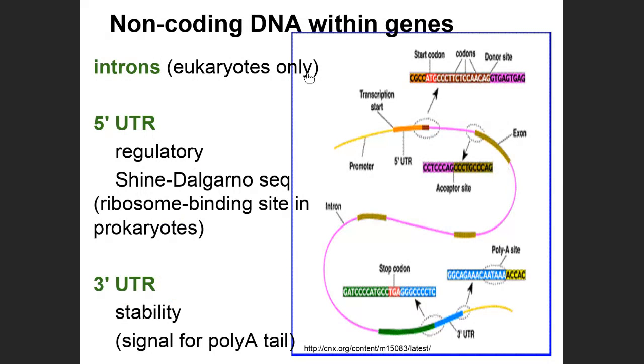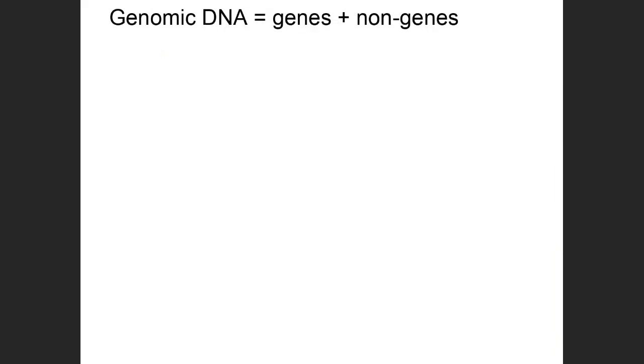So here's an example of non-coding DNA. It's stuff that gets transcribed, not translated. I think I went over this a few times, so I'm just going to keep going. I mentioned earlier that when I say genomic DNA, I asked, does genomic mean that it's DNA that has genes? The answer is yes, genes, but also non-genes, and actually more non-genes than genes.